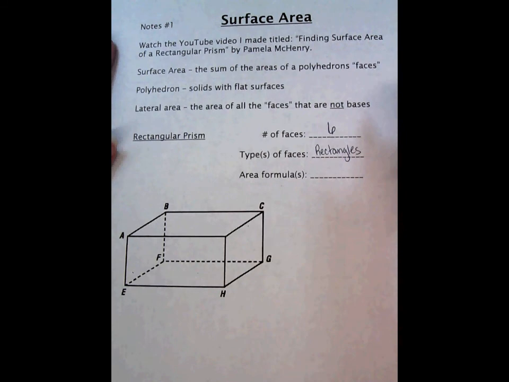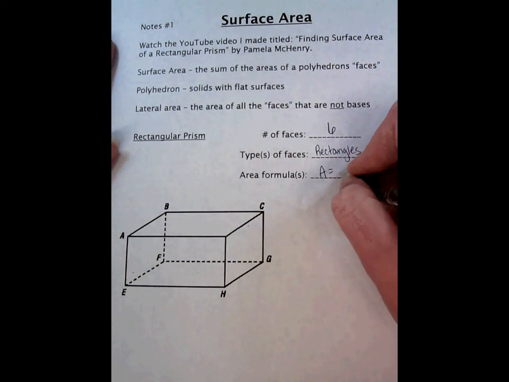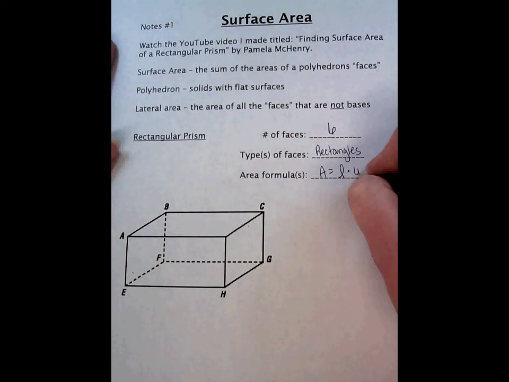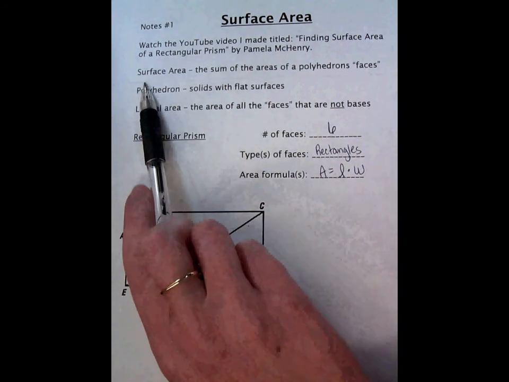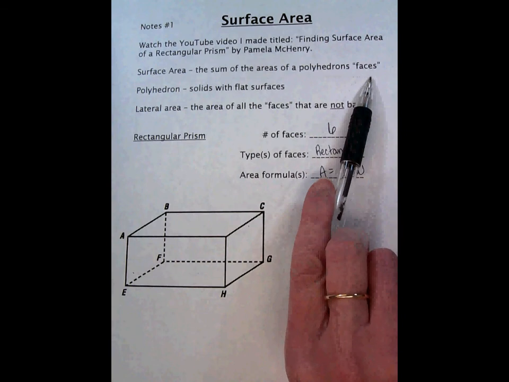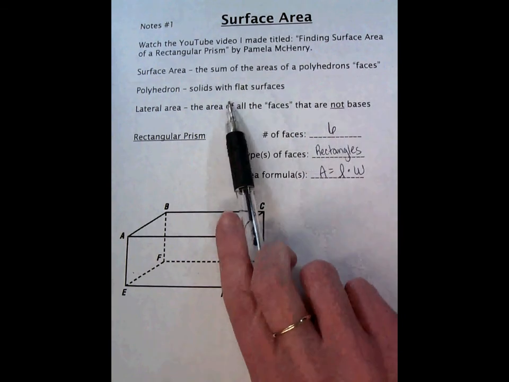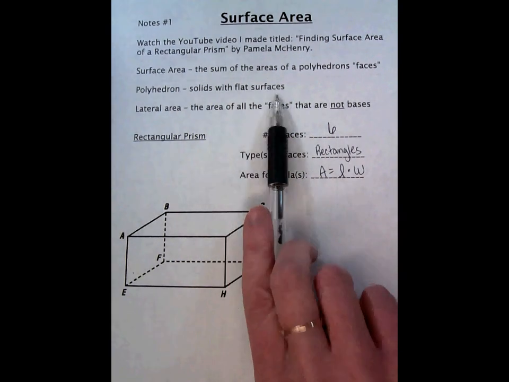And as you know from us talking about area, the formula for the area of a rectangle is length times width. So basically, surface area is just an expansion of area. And as you can see at the top of your notes, surface area is the sum of the areas of the polyhedron's faces. And a polyhedron is just a solid that has a lot of different flat surfaces.